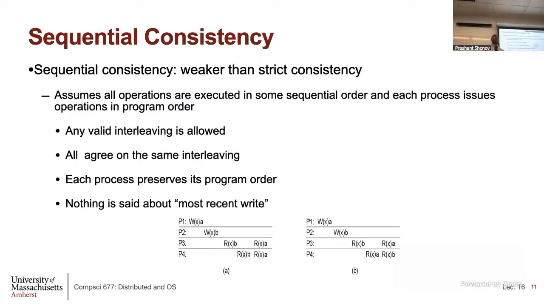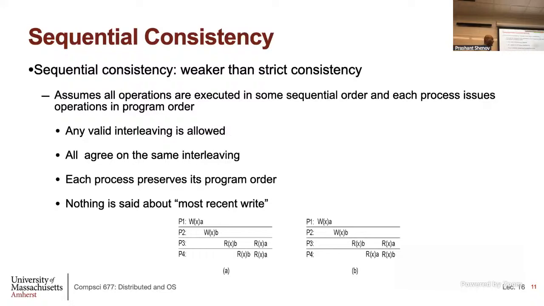So those reads and writes are ordered based on the order in which they appear in the program. That part should be clear. Then we will assume furthermore that when you have multiple processes, their reads and writes are going to be interleaved. Any valid interleaving will be allowed, and all processes have to agree on the same interleaving that preserves program order.